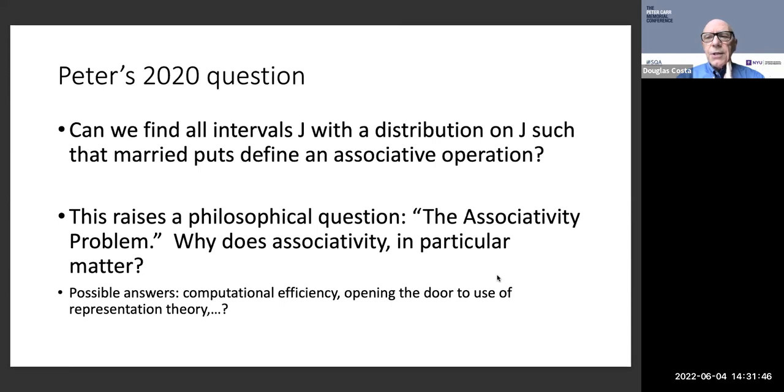You can talk about computational efficiency. If you think of his stoptions, they turn out to be sort of iterated married puts, and you can value them in the Dagum case by taking iterated Dagum pseudo sums, but you have to do it from maturity backwards in time and associate them in that order. But if it's associative, then it doesn't matter how you put the parentheses around the pseudo sums.